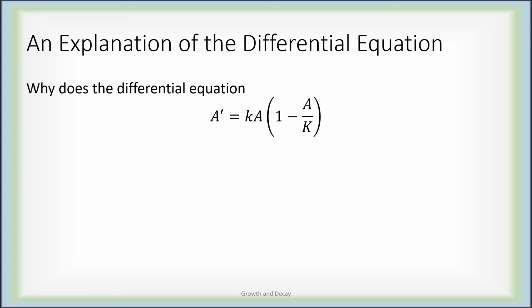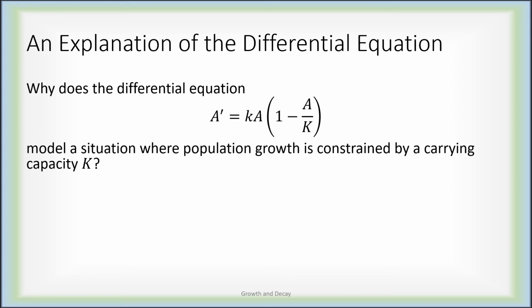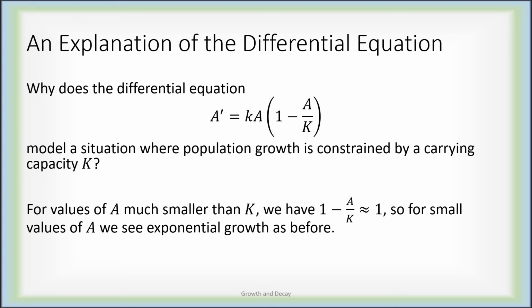So why does this differential equation model the situation where population grows proportional to the size, but limited by this carrying capacity K? For values of A that are very small, so suppose A is much, much smaller than K, then 1 minus A over K is basically 1, and you get the unconstrained growth of A prime as a constant times A. So if A is very small, you expect things to more or less grow exponentially.